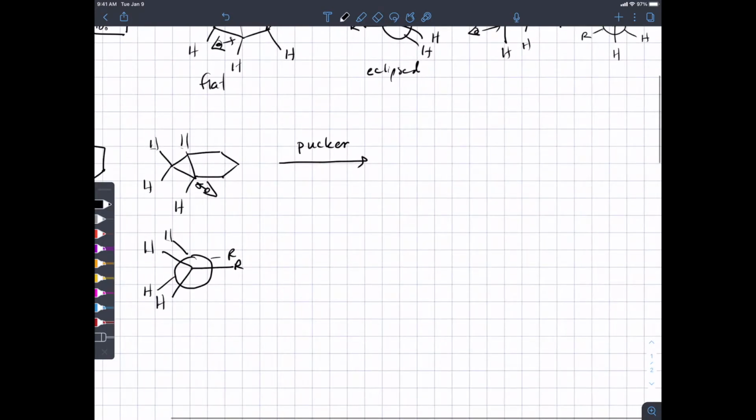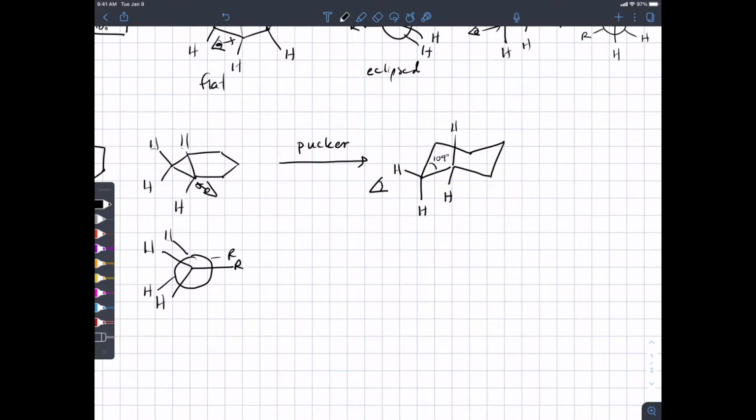And this is something that you're going to need to get good at drawing. I'll talk to you about how to do that in a little bit. In this puckered conformation, all of the bond angles are around 109 degrees.